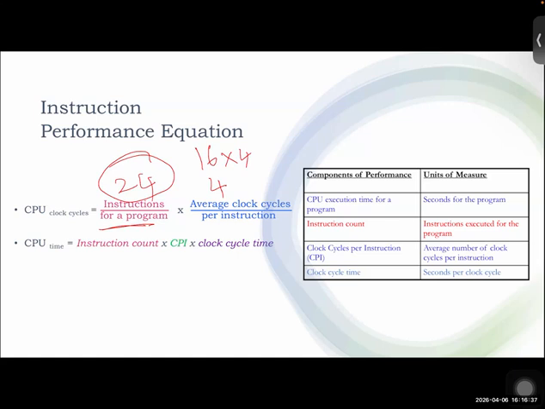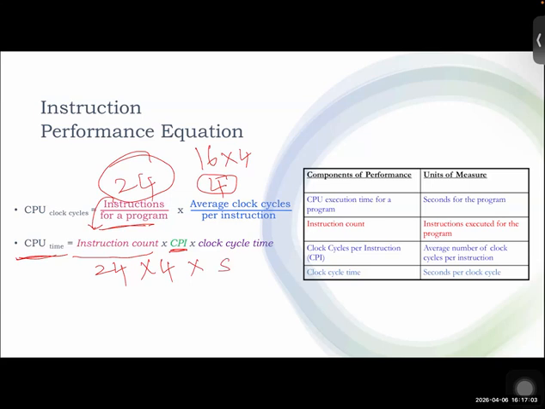So the total execution time of the CPU is the instruction count, 24, multiplied with the cycles per instruction, if it takes 4 cycles, and the clock cycle time.